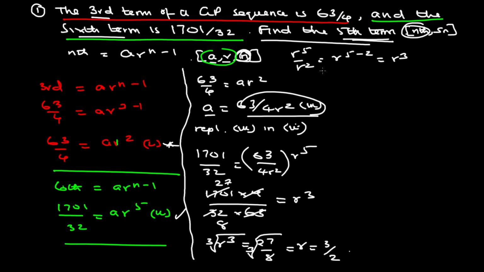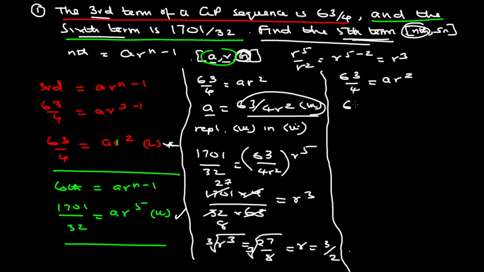And so we can proceed, right? And take this usually into the smaller equation so that it's easier to solve. So I'll take this and insert it into the smaller equation, which is this one here. So 63 over 4 equal to AR squared.